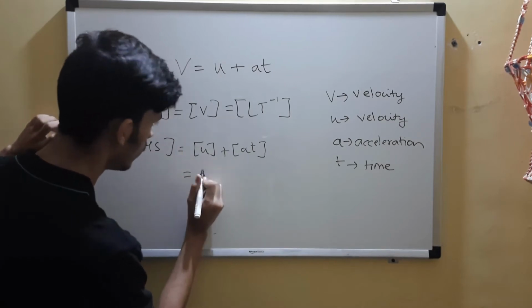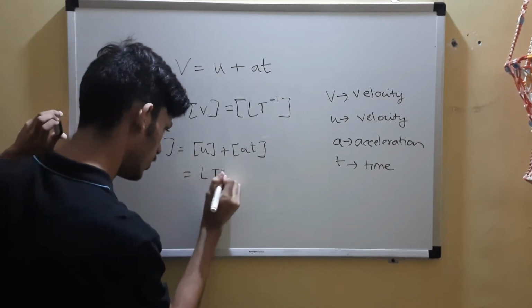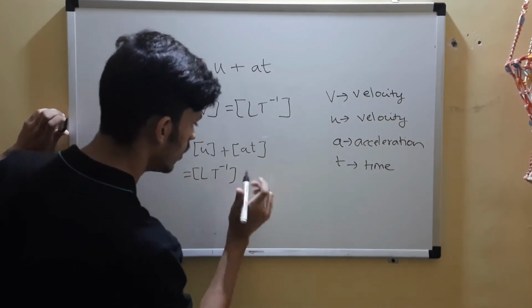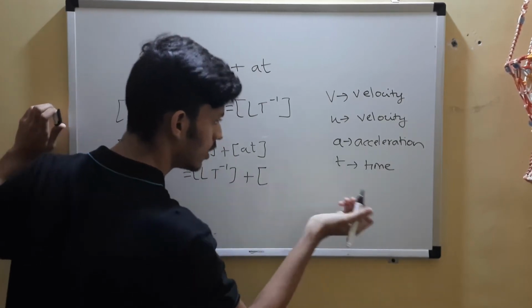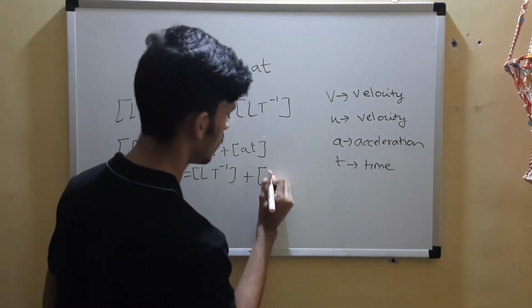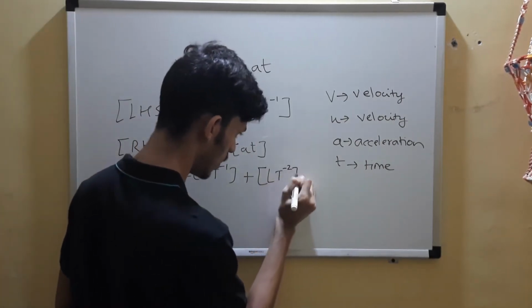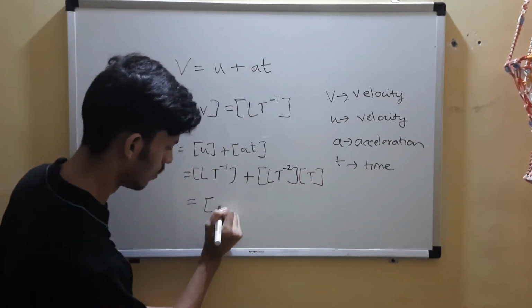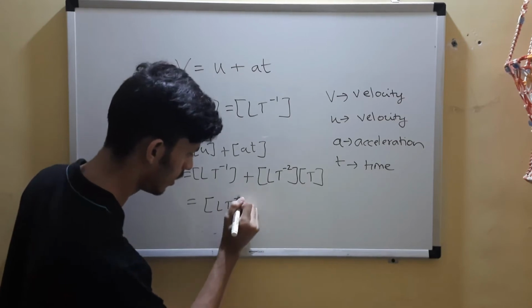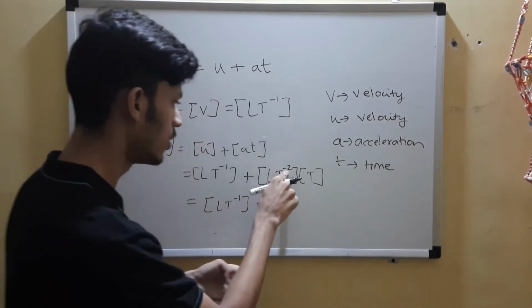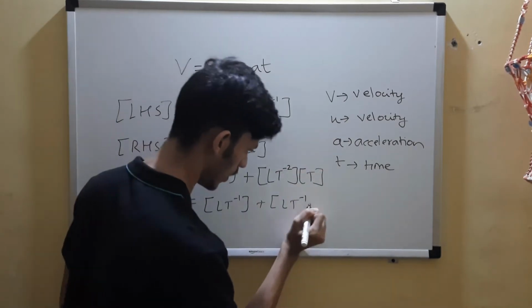This is U, so velocity LT raised to minus 1, and here you have acceleration, meters per second raised to minus 2, or meters second raised to minus 2, so LT raised to minus 2, and here you have time. So let's simplify that. LT, so this is minus 2 plus 1, so minus 1.